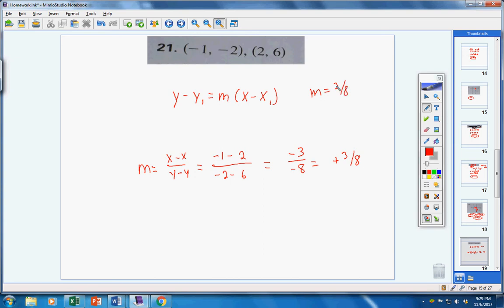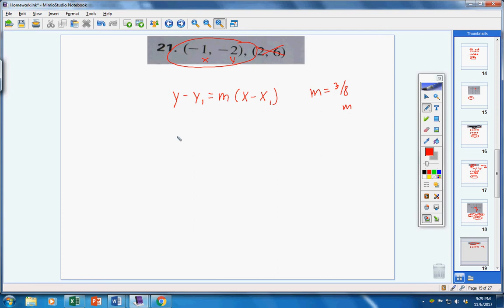Now students, once you know the slope, all that you need is 1 point to write your linear equation. Are you listening, students? It does not matter which point you use. I'm going to use this one here just because I feel like it. Here's my x, my y, and my m.